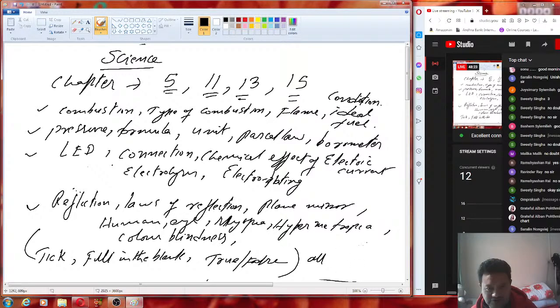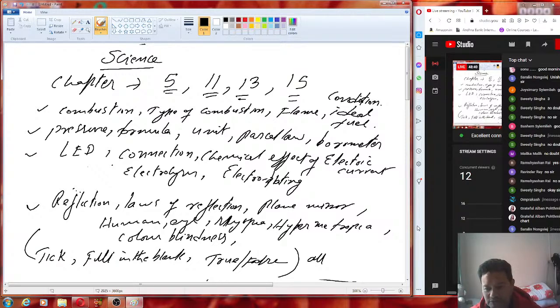That means for all of chapters 5, 11, 13, 15: all the tick marks, fill in the blanks and true or false. Be prepared with that. So these are the suggestions for the science.